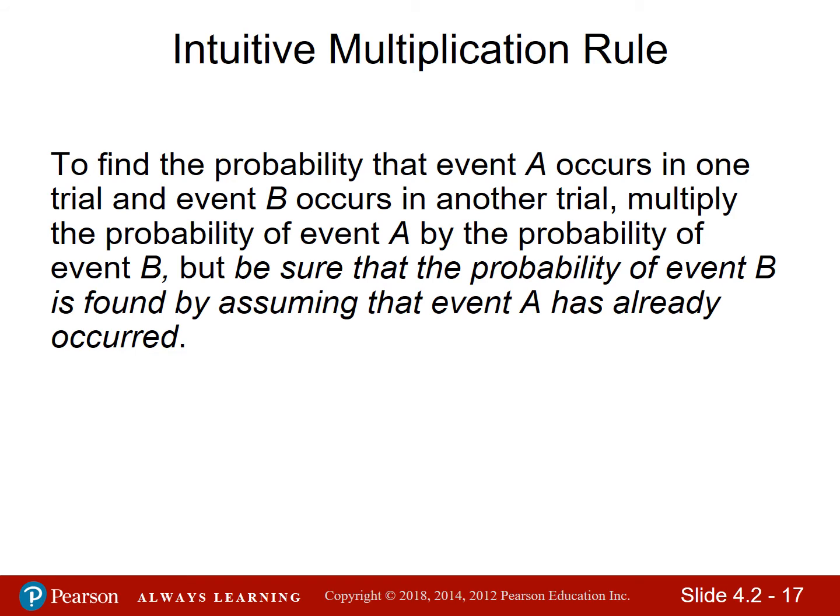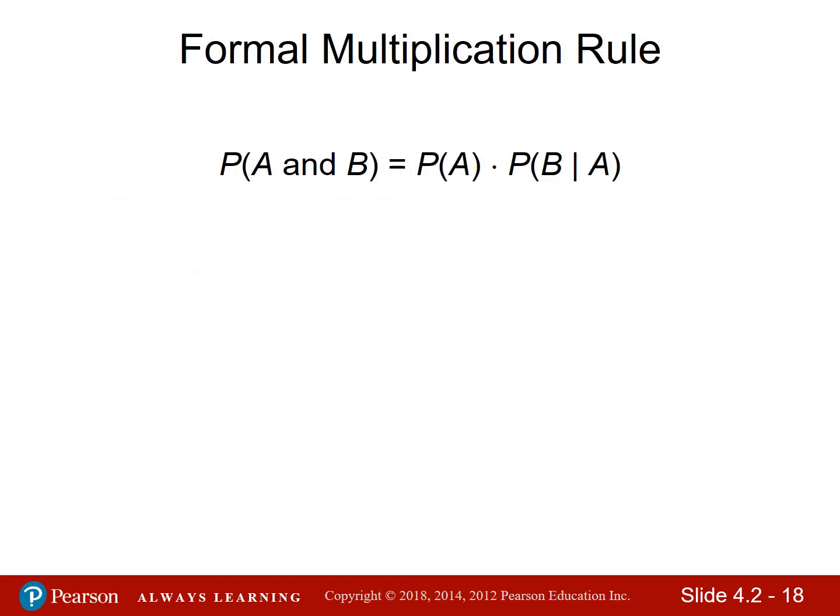That's very important to pay attention to. So P of A and B is equal to P of A times P of B given A. Again, P of A and B is equal to P of A times P of B given A.